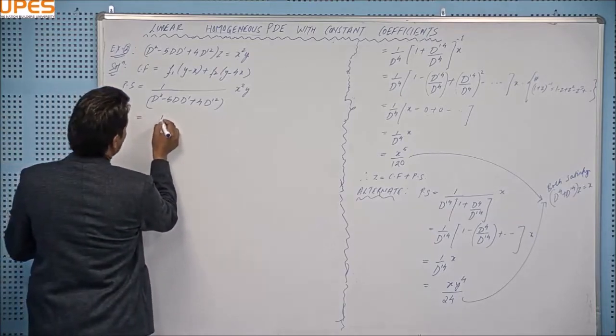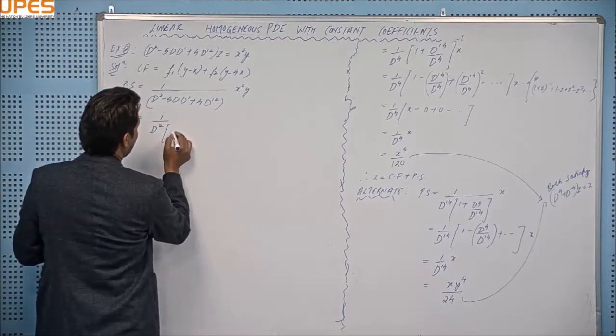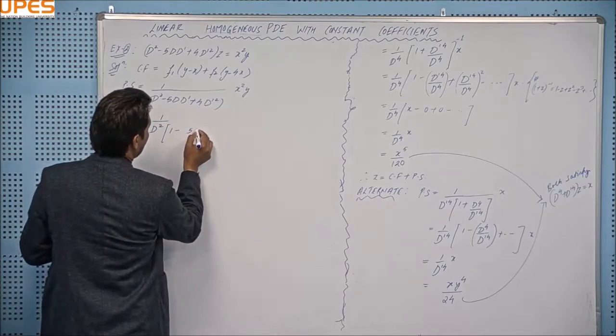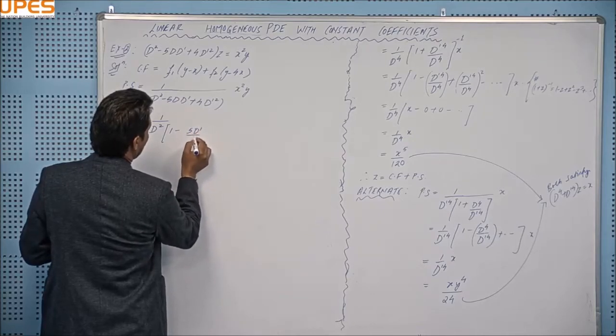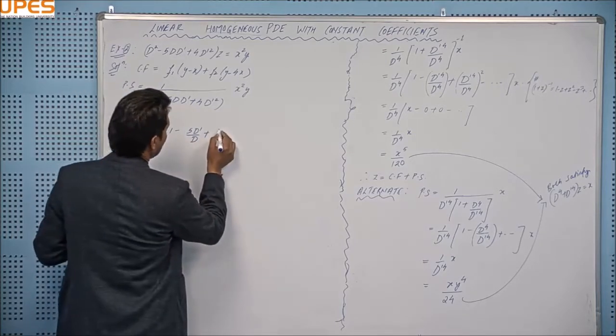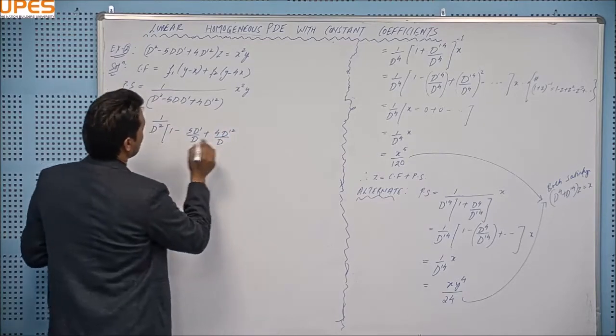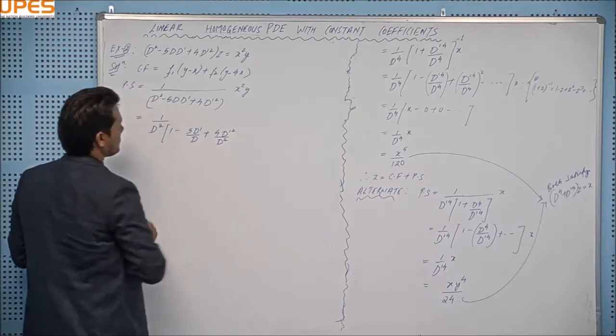So I am taking common 1 upon D square, and in the bracket I will have 1 minus 5 D' upon D, and plus 4 D' square over D square, right.